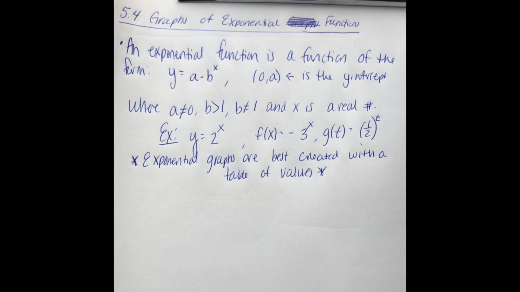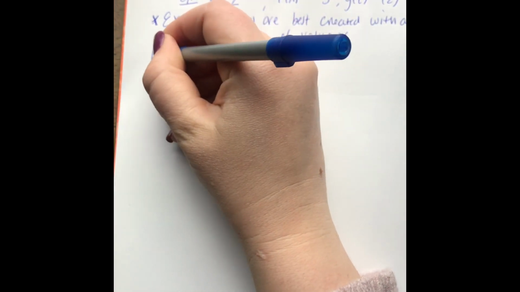Before, when we did quadratics, we did the vertex, the x-intercepts, the y-intercept, and the reflection point. We came up with 5 points. When we graph a line, we usually graph the y-intercept and the slope, or a point and a slope. This time, we're going to make a table of values. All right, so our first example. And I know we don't have great graph paper available, but we're just going to try and make do.